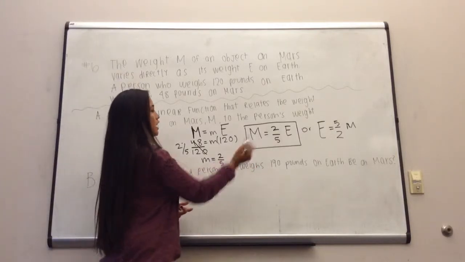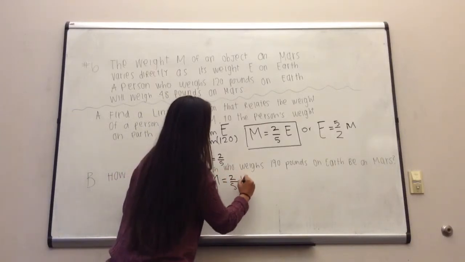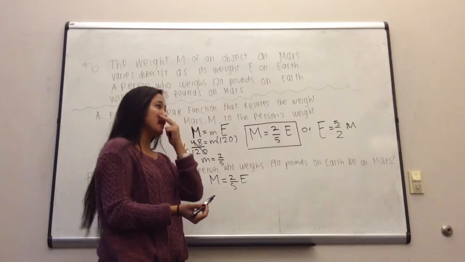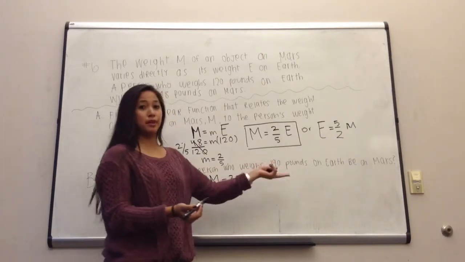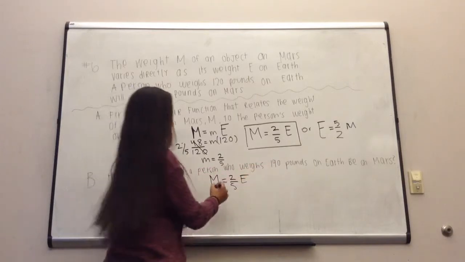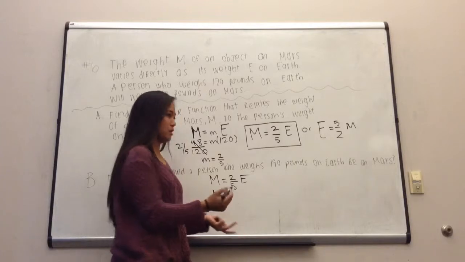So we simply use the top equation, which is m equals 2/5 of e, and we plug in 190 for e, because that's how much a person weighs on Earth. And we're trying to solve for m, which is a person on Mars.